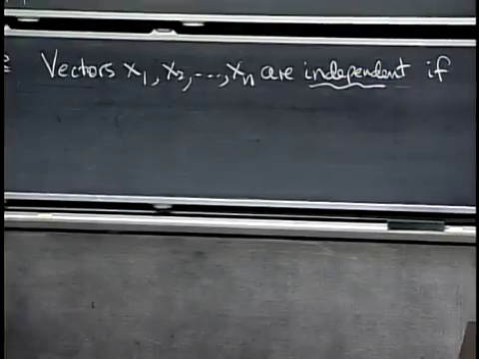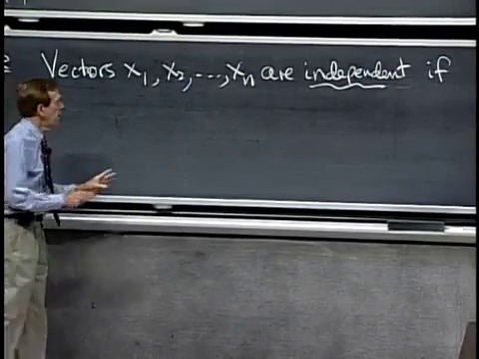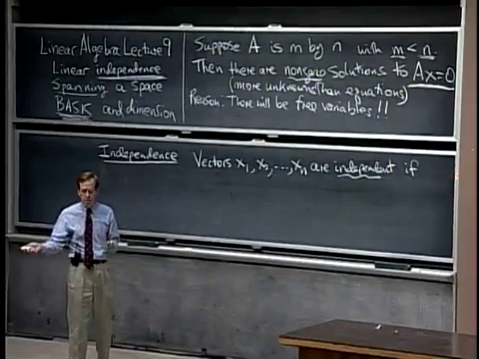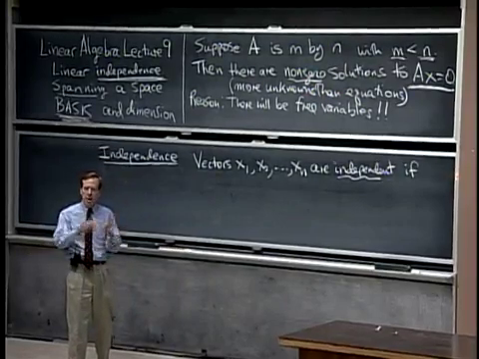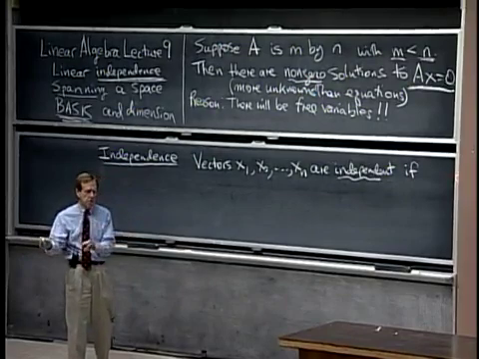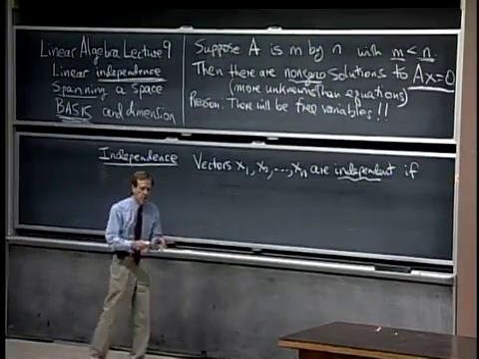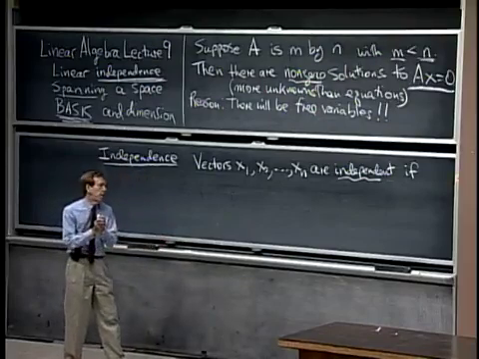These are just vectors in some vector space. I can take combinations of them. The question is, do any combinations give 0? If some combination of those vectors gives the 0 vector, other than the combination of all zeros, then they're dependent.